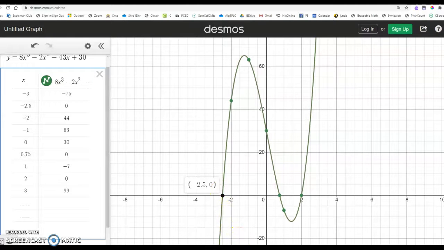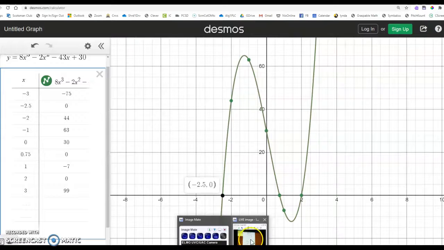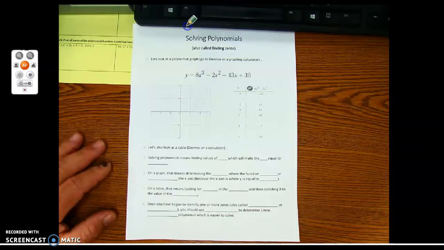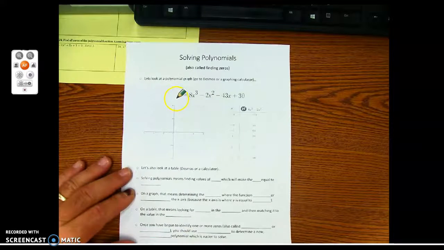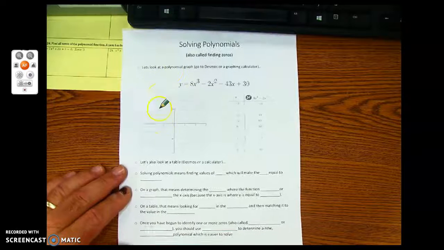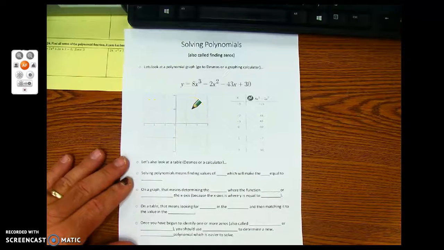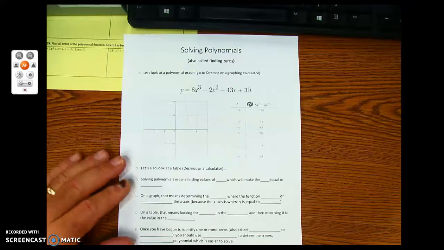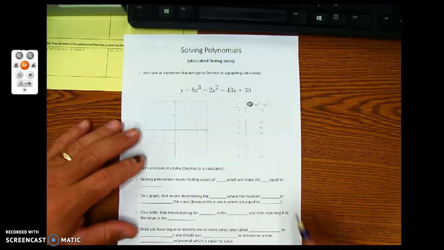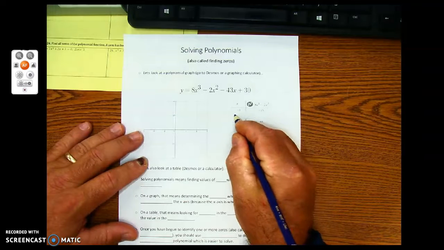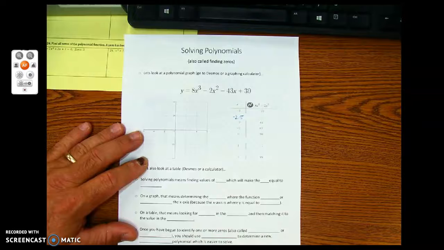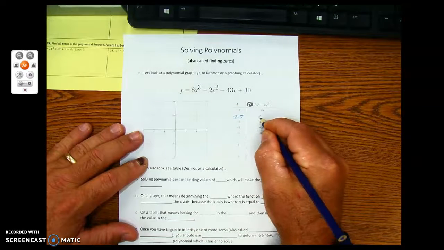I'm going to go back to the Elmo real quick. If you pause the video and sketch that graph here, that would be great. I'm not going to sketch it because I don't want to use up all the time on my video. Remember, negative 2.5 was one of our solutions because it gave us a value of 0.